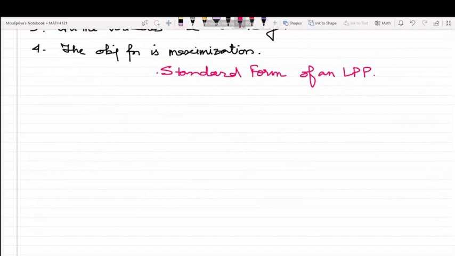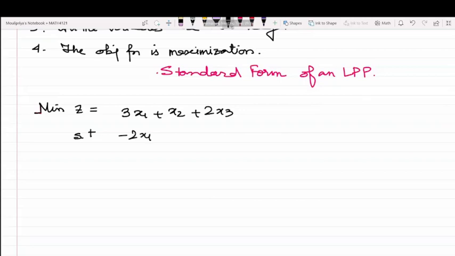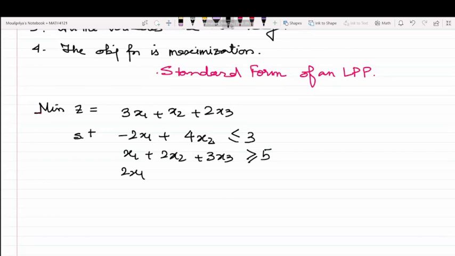suppose I give you a problem which says that you need to minimize z given by 3x1 plus x2 plus 2x3 subject to minus 2x1 plus 4x2 less than equal to 3, x1 plus 2x2 plus 3x3 greater than equal to 5, 2x1 plus 5x3 less than equal to 2, x1, x2 and x3 are all greater than equal to 0.